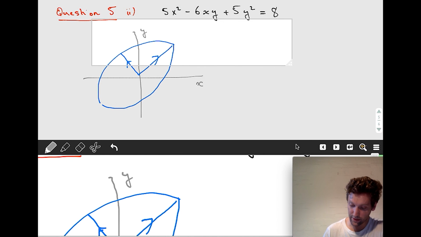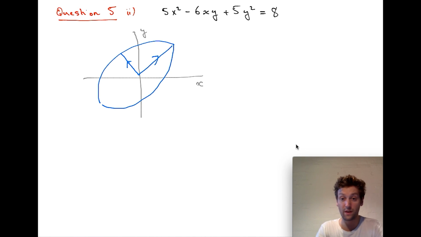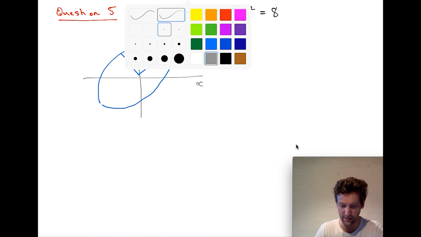Okay, so the first thing we need to do is identify what is the thing we're maximizing or minimizing, and what is the constraint. So it's clear that we're looking for the maximum or minimum distance of the origin to the ellipse. So the thing we're maximizing or minimizing is going to be distance.